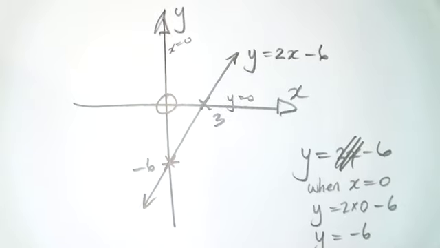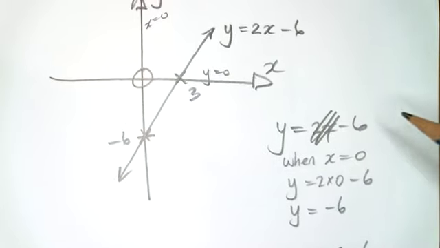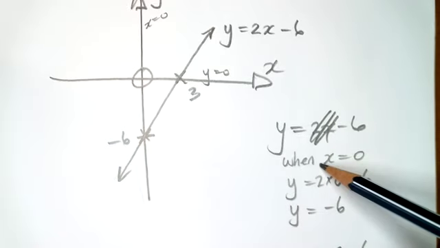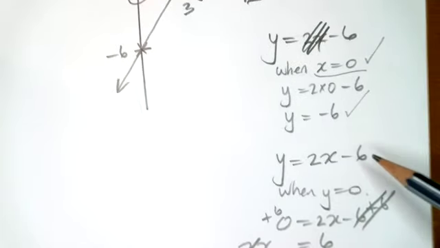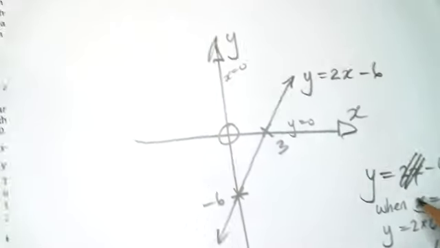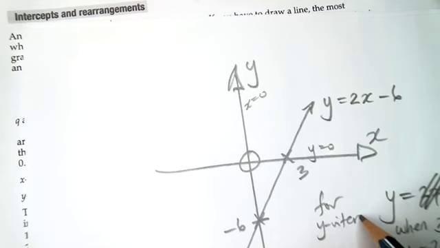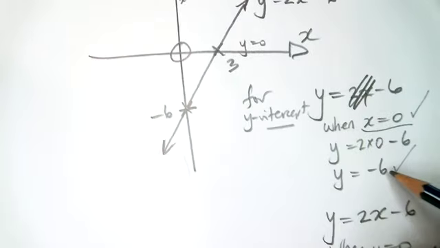All right, let's have another go at doing one of these. All we did was we wrote down the equation. To find where it crosses the y-axis, we make x 0 and we find the y value. For the y-intercept, we make x 0 to find the y.